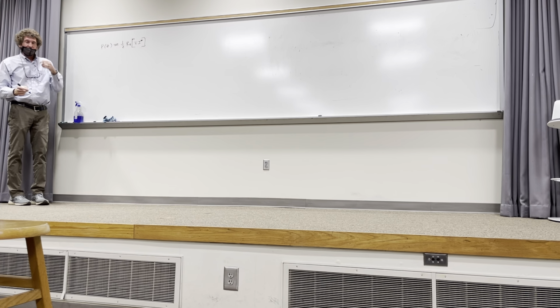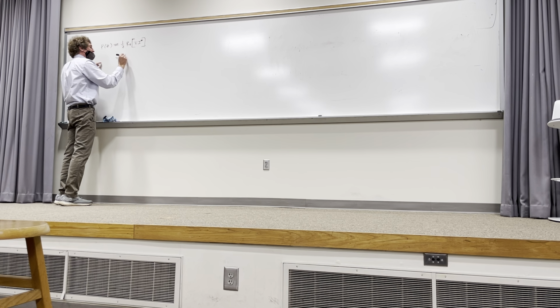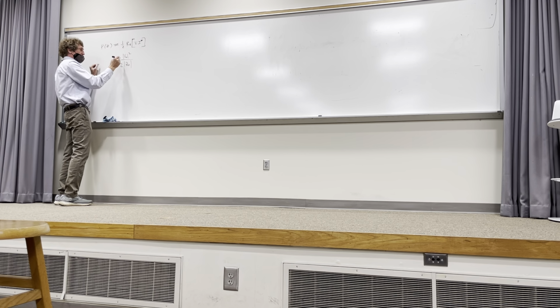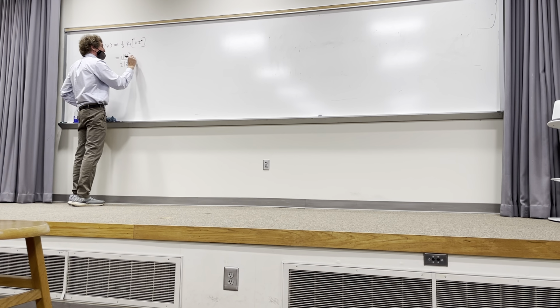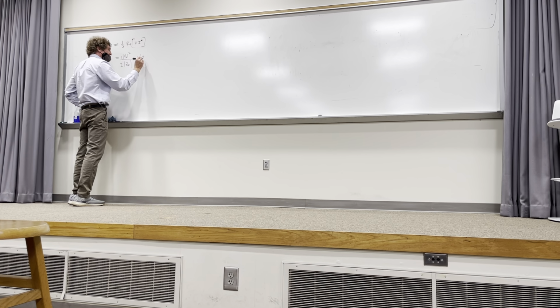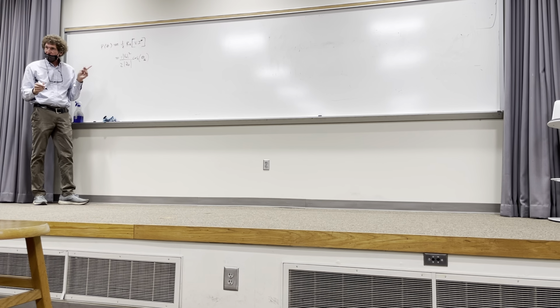When all was said and done, you had basically V naught squared over the magnitude of Z naught divided by 2 here, because there was 1/2, or I can put a 1 there too. And then you had a cosine of the angle associated with the characteristic impedance Z naught. Do you all remember that cosine value came in there?